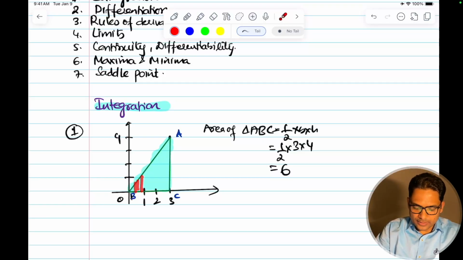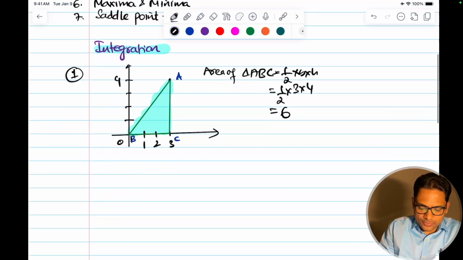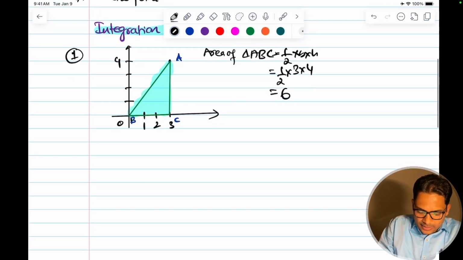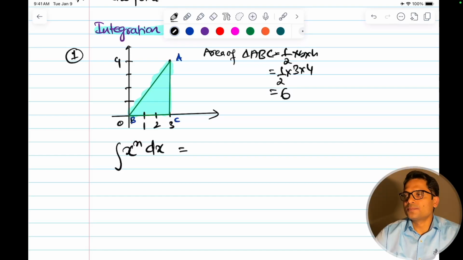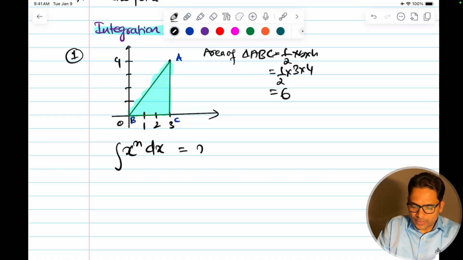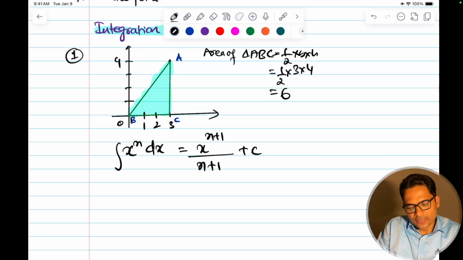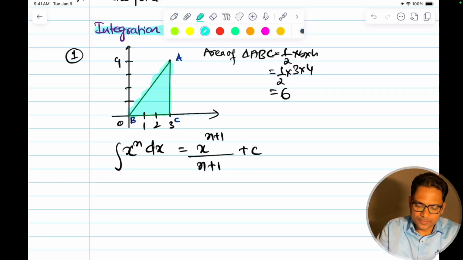Now if we solve the same thing using integration, the integration formula for the basic thing, the integral of x to the power n dx, is given by x to the power n plus 1 divided by n plus 1, plus c. We'll ignore this constant for now and only focus on this.